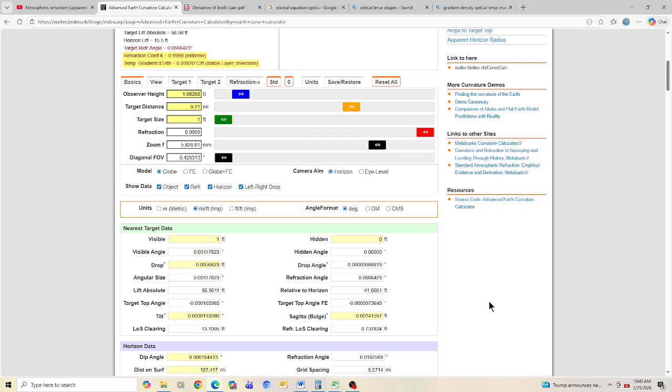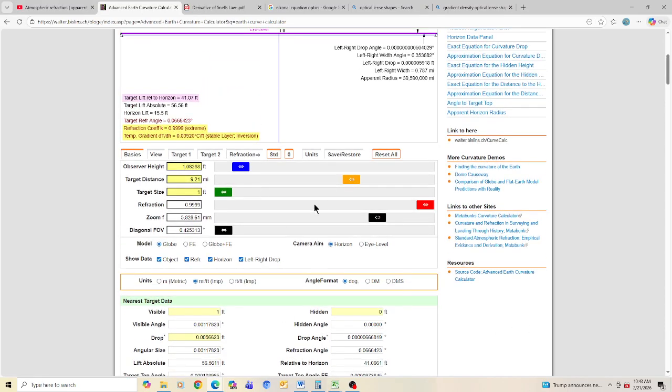Okay, so they're not telling you what the environment is. They're telling you what the program requires. The most extreme amount of refraction is what this program requires to explain the observation, based on the calculations and the misapplication of the mathematical physics behind what's going on.